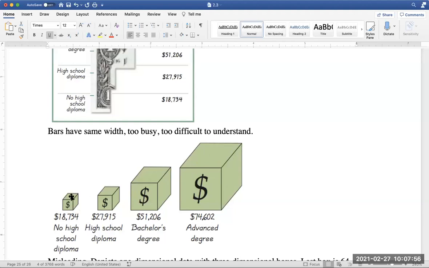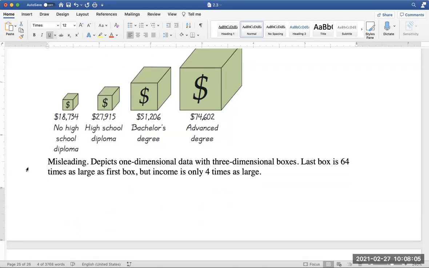So it depicts one-dimensional data with three-dimensional boxes. The last box is 64 times as large as the first box, but the income is only 4 times as large.